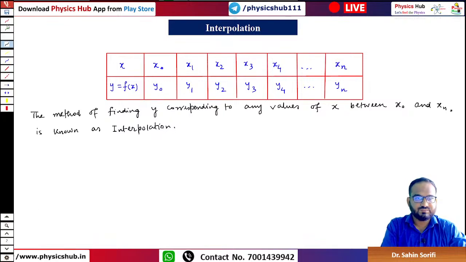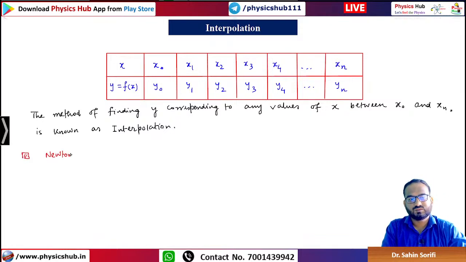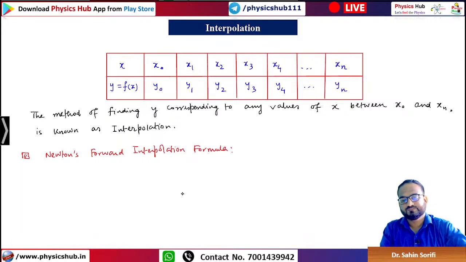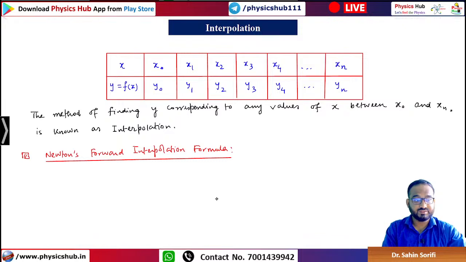Now let us take the first interpolation formula, Newton's forward interpolation formula. This Newton's forward interpolation formula is used to find the values of y near the beginning of the table.